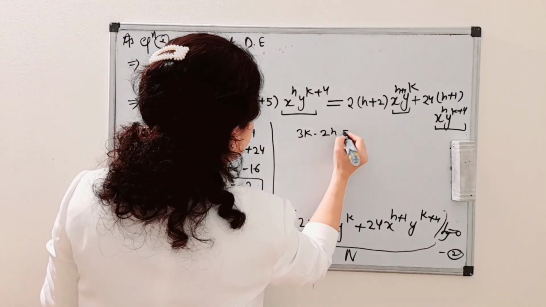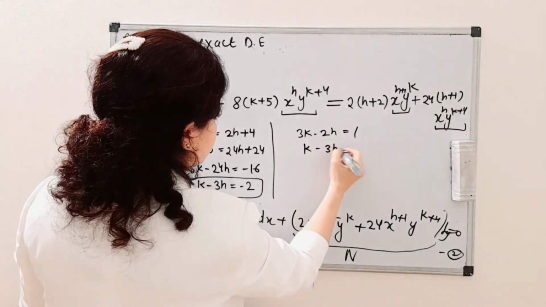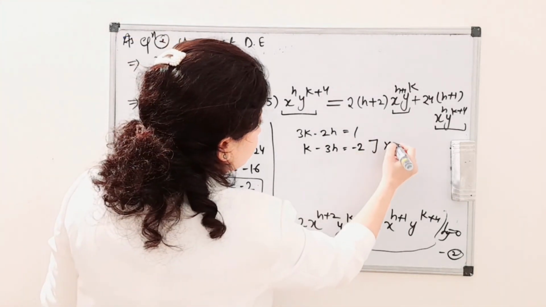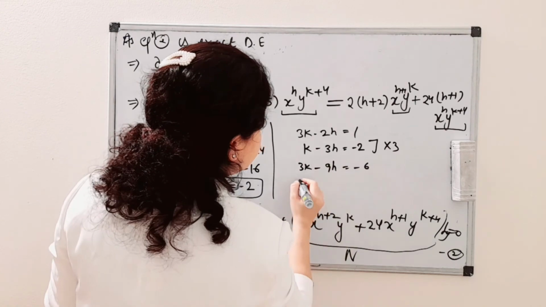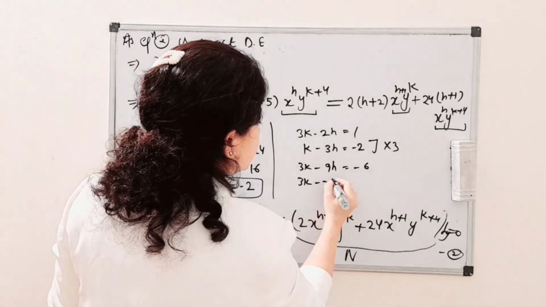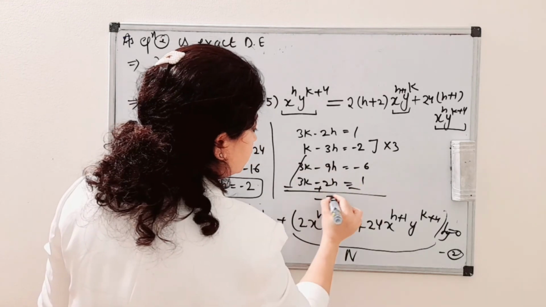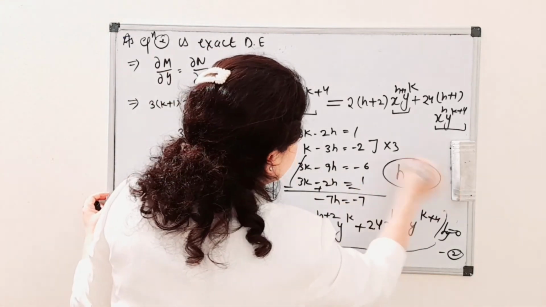Now we will solve these two equations. 3k minus 2h is equal to 1, and this is k minus 3h is equal to minus 2, and multiply with 3, we get 3k minus 9h is equal to minus 6, and this was 3k minus 2h is equal to 1, minus plus minus, and this we get minus 7h is equal to minus 7, h is equal to 1.